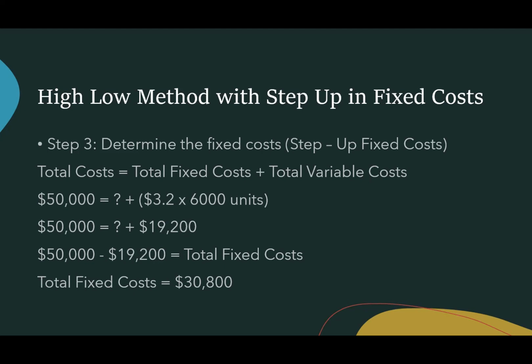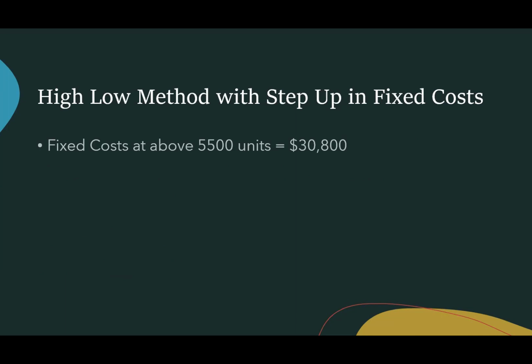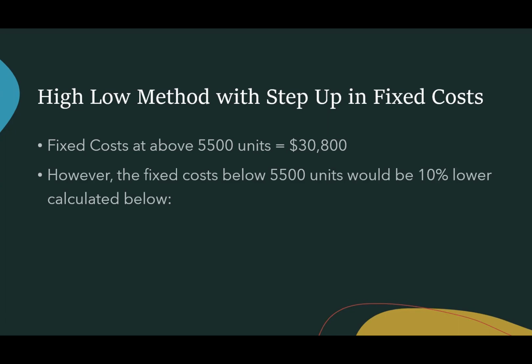Now, this fixed cost already has a step up of 10 percent because the level of activity has exceeded 5,500 units. So the fixed cost above 5,500 units is going to be 30,800, but I also need to figure out what my normal fixed cost is when there is no step up.